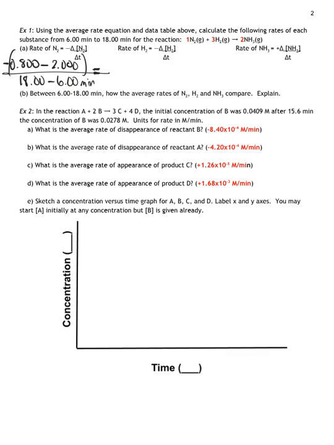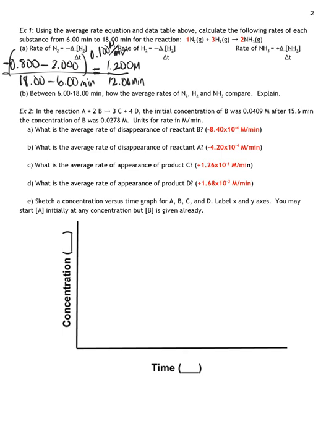In other words, your rate is never going to be a negative value, it's always going to be a positive value. So that becomes 1.200 divided by 12 minutes. The final value is 0.100 molarity per minute.